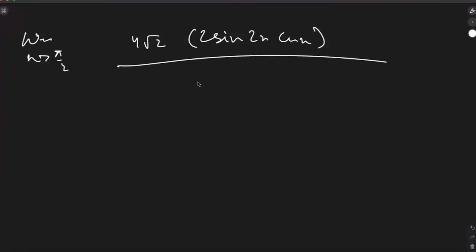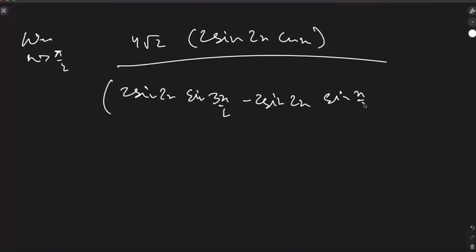Okay. So what can we do? We club those two together. In the denominator, cos 5x by 2 minus cos 3x by 2, that again we club. And the first part I can write as 2 sine 2x sine 3x by 2 minus 2 sine 2x sine x by 2, minus root 2 times 2 cos square x.